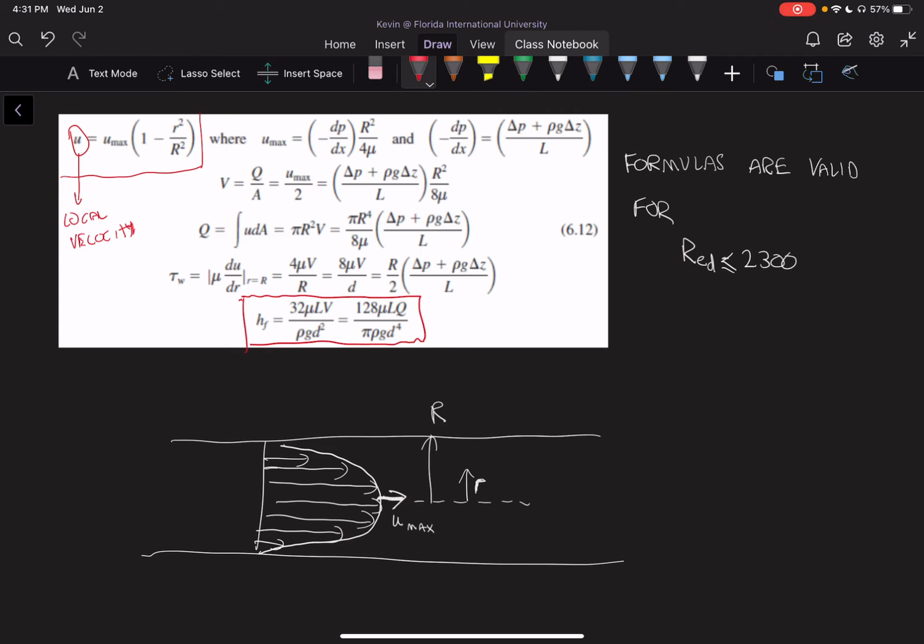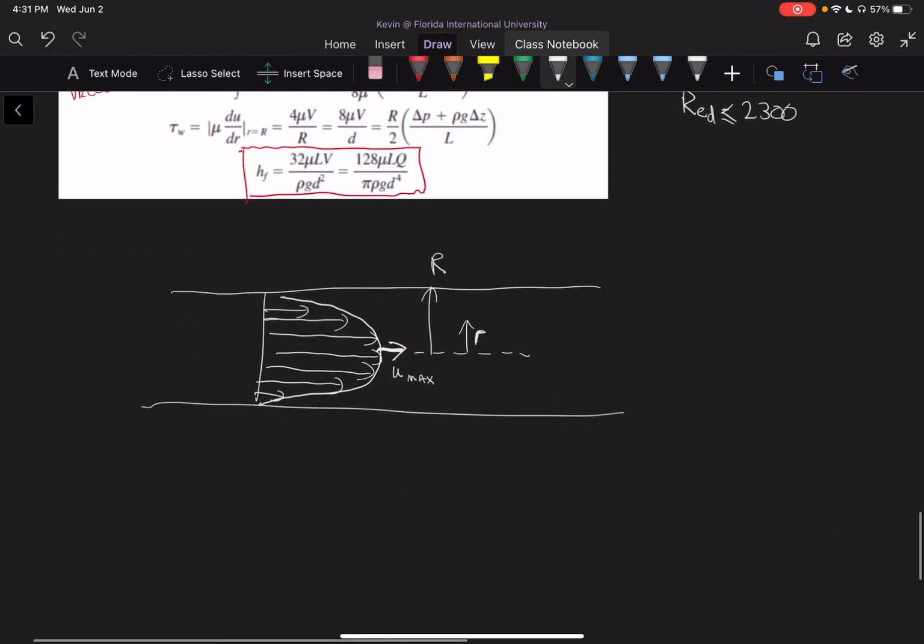Well, with this, what was actually figured out is that if you know the wall shear stress, you can say that your friction factor, okay, and once again, this is not going to be derived, but your friction factor for a laminar flow is going to be equal to 8 tau wall for laminar flow divided by rho V squared.